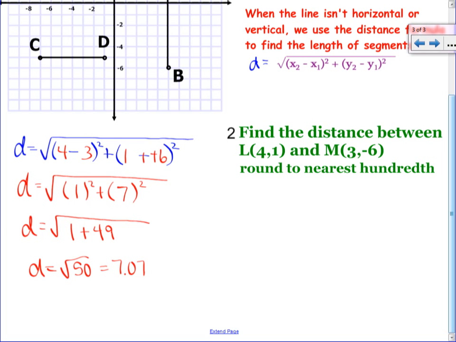Just a reminder, when you're doing these problems, if you happened to end up with this, what would the next step be? What's this one? Yep. 9. Why isn't it negative 9?